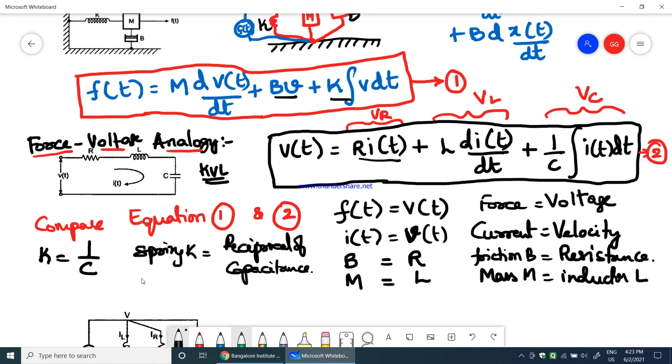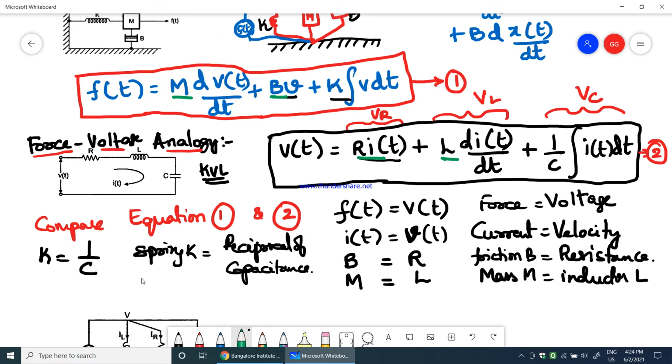So we have equated the like terms. M and L are compared because both are differentiation terms. Therefore, M and L will be equal. Then we have B into v and R into I of t, and we know that current is equal to velocity. Therefore, B into velocity and R into current: when velocity and current are equal, B and R should also be equal. Here also, dv of t by dt, the differentiation of velocity, should be equal to the differentiation of current in the analogous network.